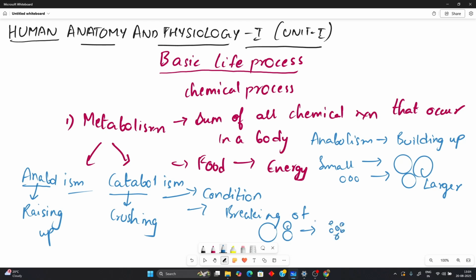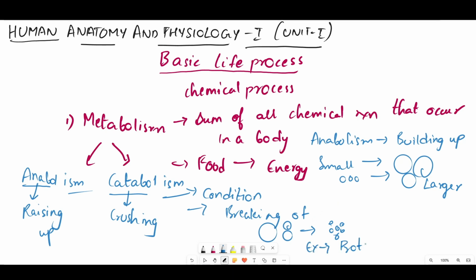In catabolism, we can take the example of breaking a large protein into small amino acids. In anabolism, the same example is the formation of a large protein molecule from smaller amino acids.